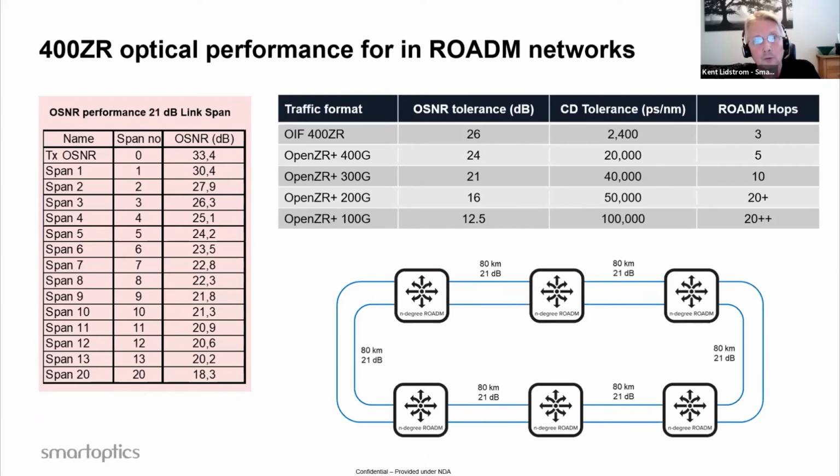And if you would go with an OpenZR+ cable optics, you can run it 5 hops. That means you can run it any to any in a network like this. And if you would go down in the modulation format or traffic format or line rate, you can run it at significant distances. So those optics are very well suited for use in ROADM-based networks.